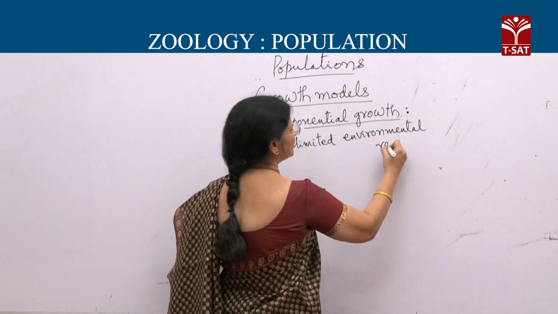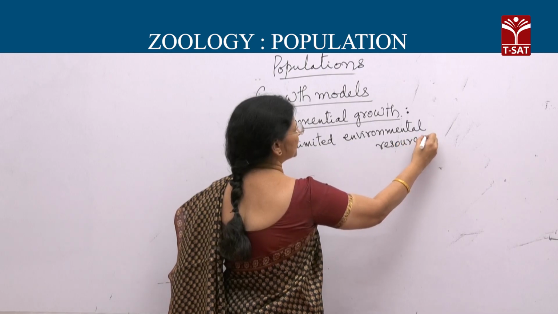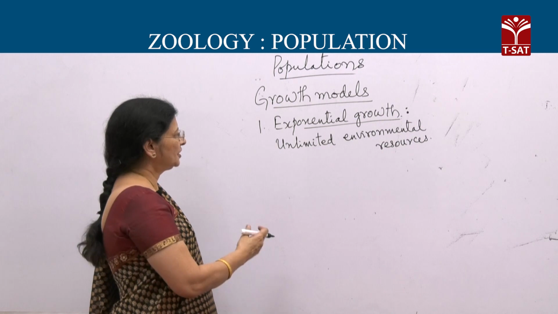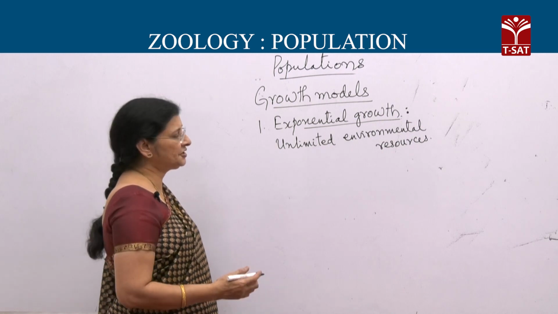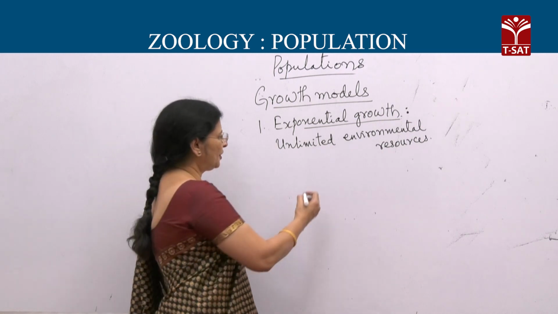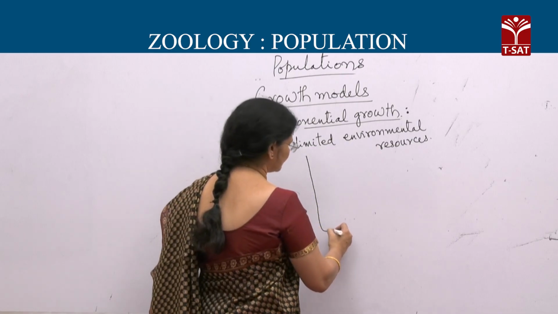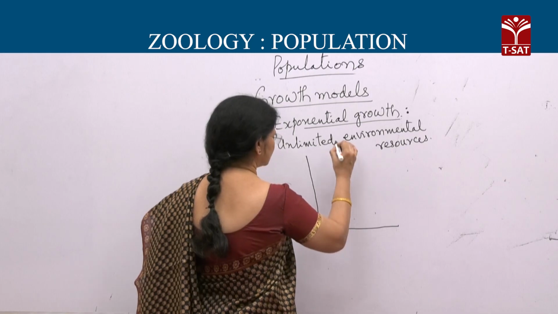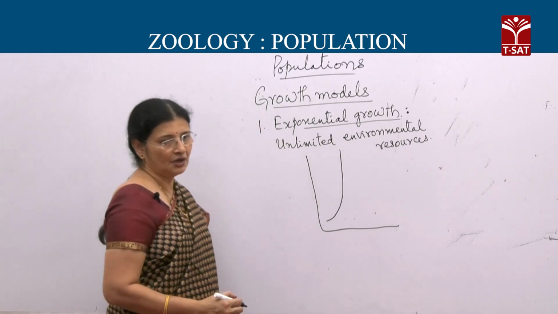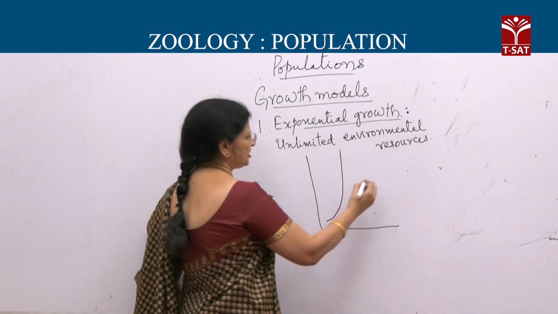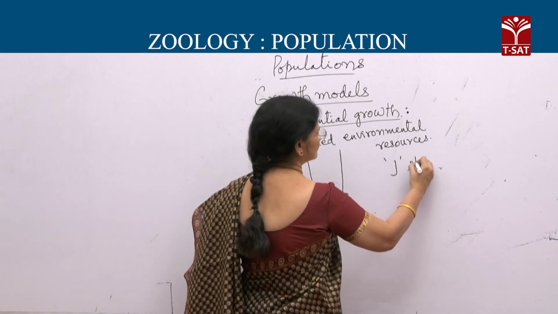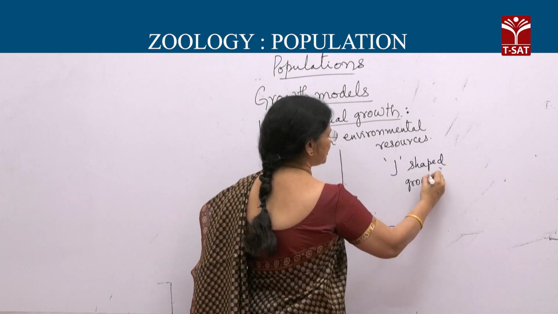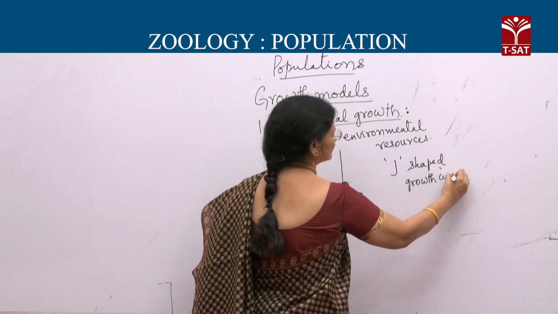When everything is abundant, there is no scarcity of space, water, food, anything, then under unlimited environmental resources, the population will grow in a steep manner like this. So you will find a J-shaped growth curve.